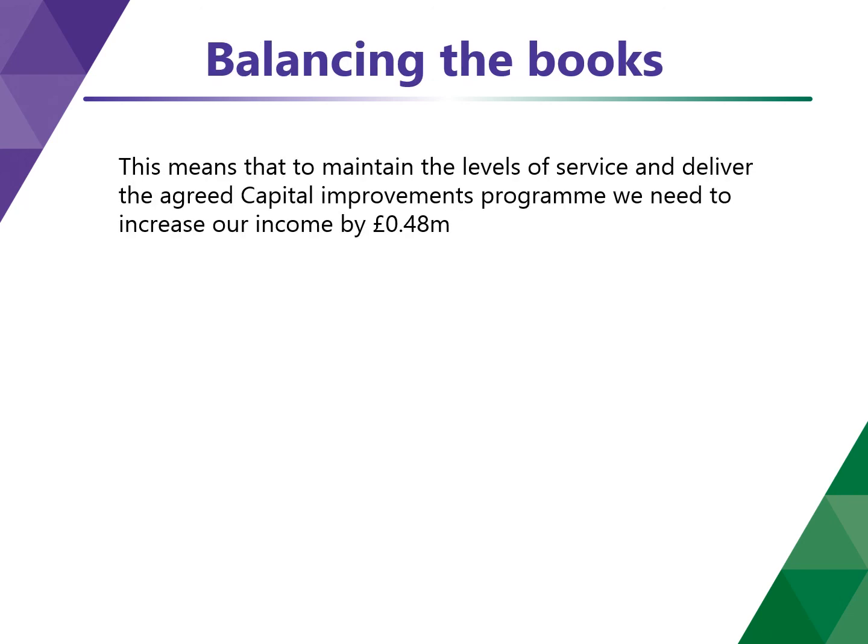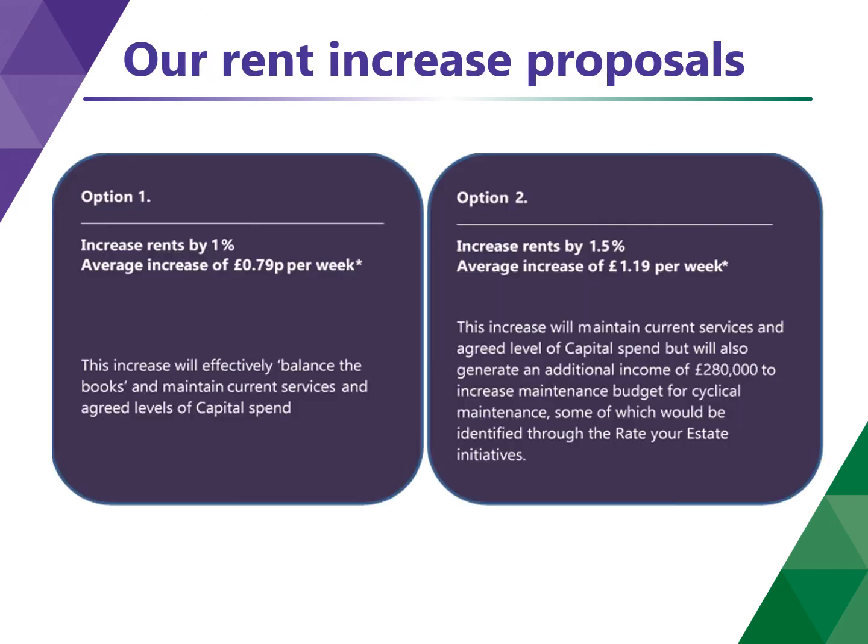This means that to maintain the levels of service and deliver the agreed capital improvements programme, we need to increase our income by 0.48 million. We have two proposals. The first will balance the books and give us enough revenue to deliver housing services and complete the capital improvement work that we have committed to. The second will give us a bit extra to invest in more cyclical maintenance work.